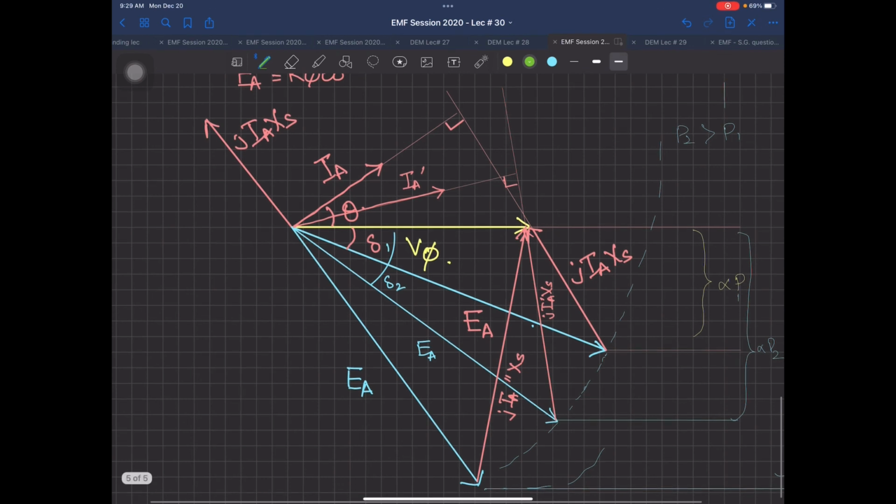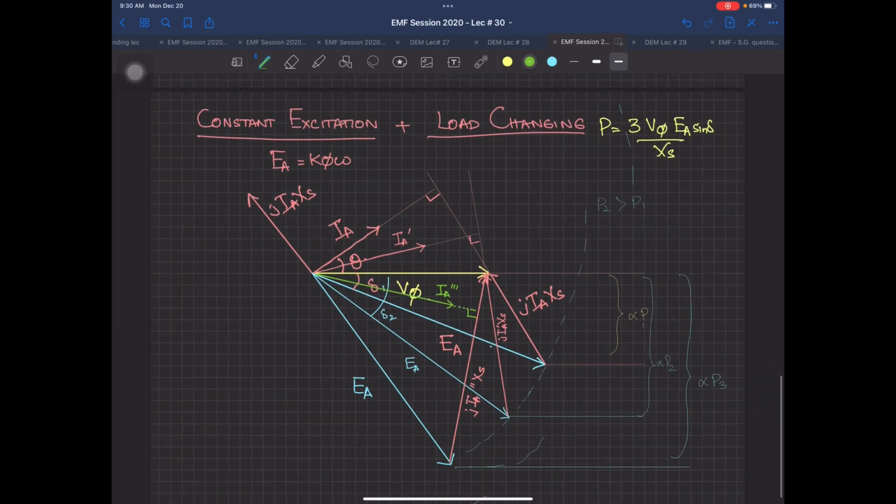So now this current is going to be here, this is going to be 90, and this is IA triple dash. What has changed over there? Your power P1 was smaller, then P2 was smaller than P3. So you have your P1, P2 and P3 over here.